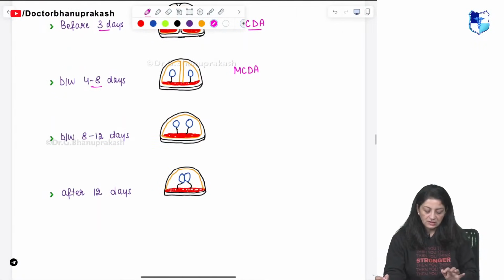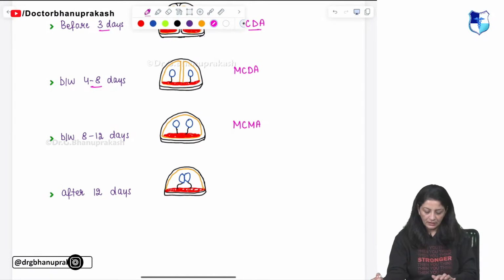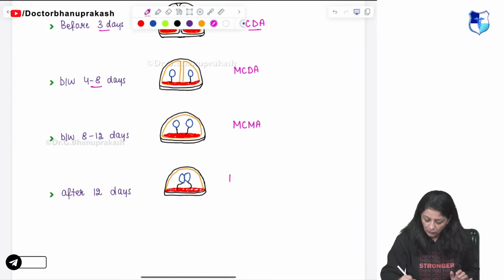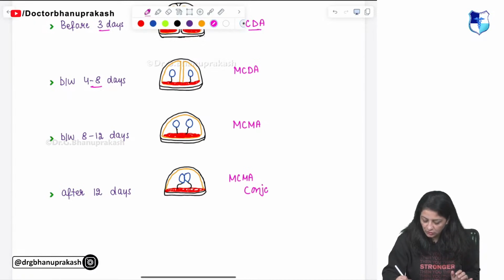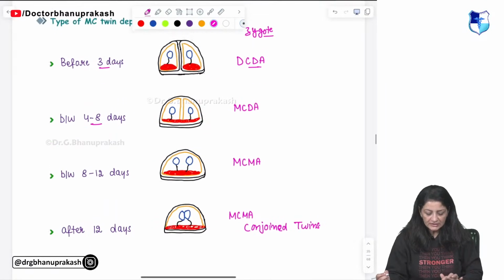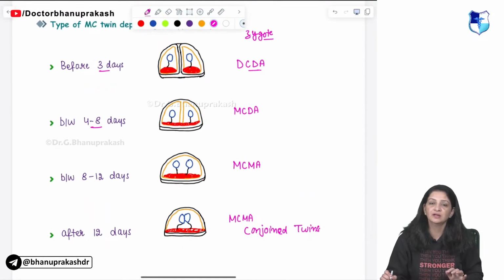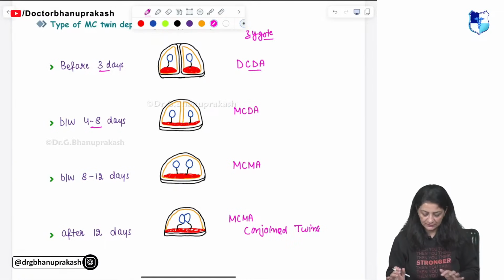If splitting occurs between 8 to 12 days, this is called monochorionic monoamniotic twins. After 12 days, monochorionic monoamniotic conjoined twins. Okay, clear? So these are the types of monochorionic twins, depending upon the splitting of the embryo at different time periods.